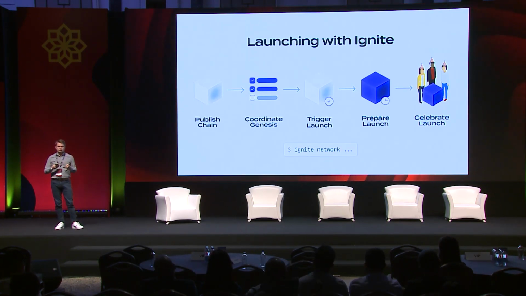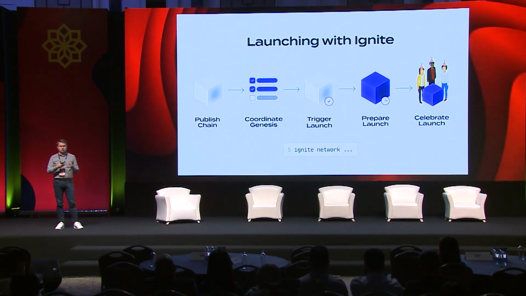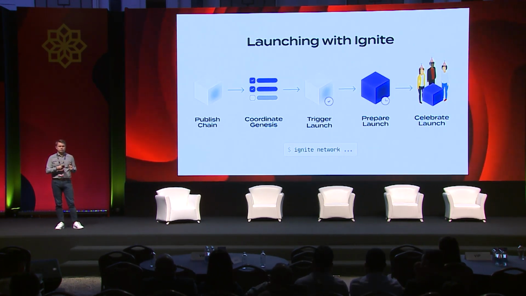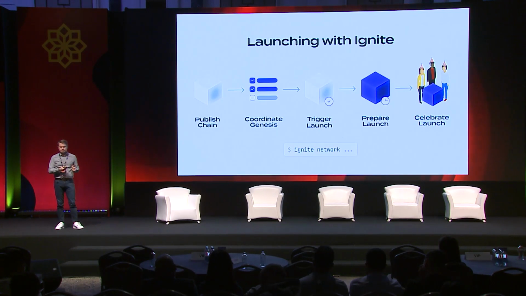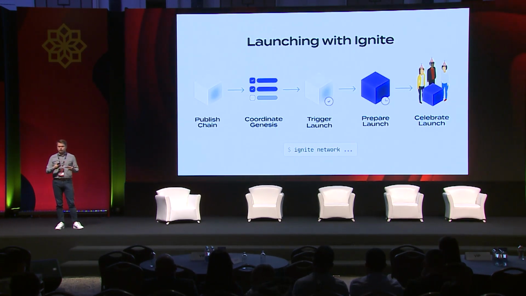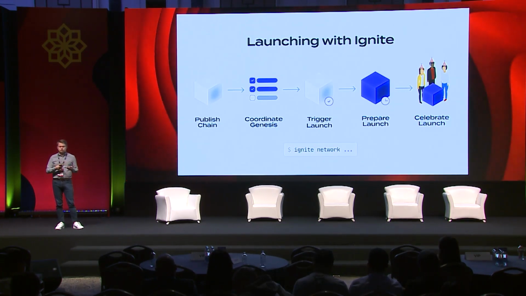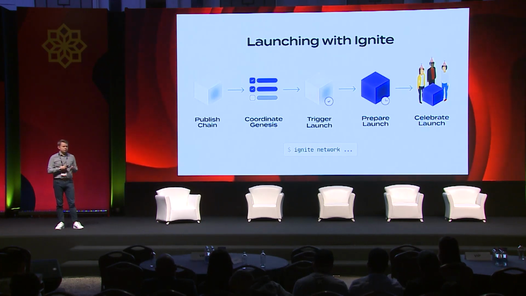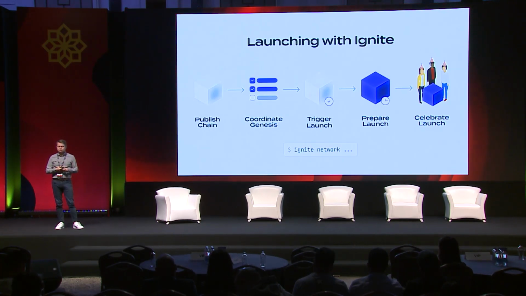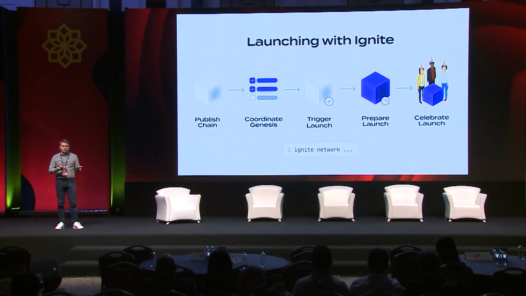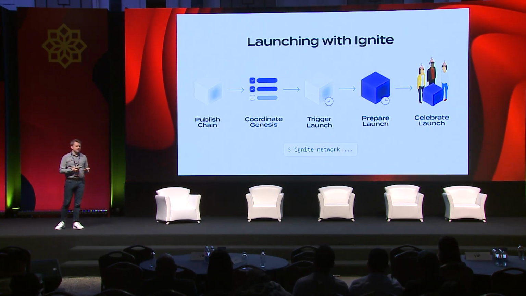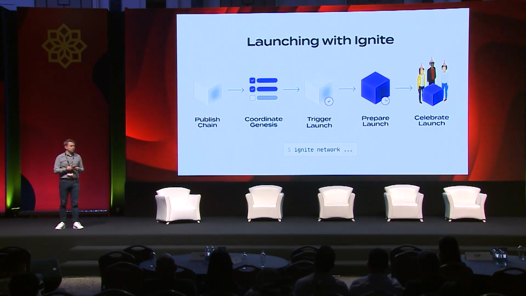And Ignite is focused on launching sovereign chains right now, so each chain will have its own validator set. You will approve, reject them. You will make changes to the Genesis file, which is the 0 block of your chain. And when your Genesis is ready, you will trigger the launch.